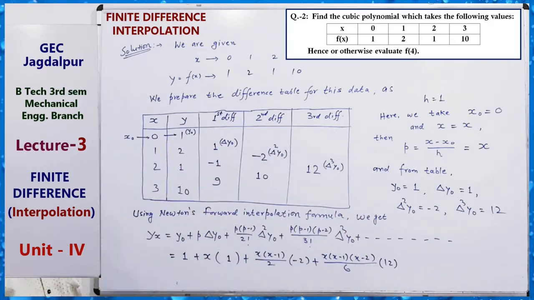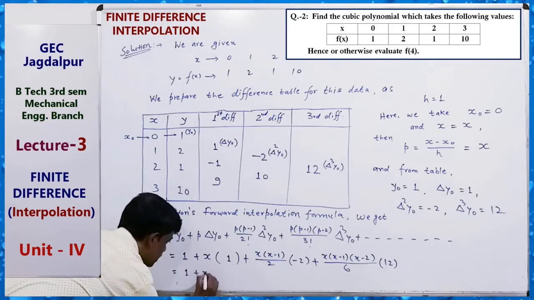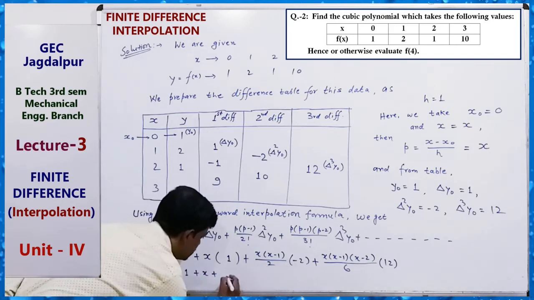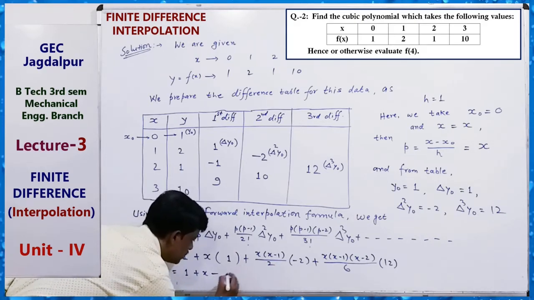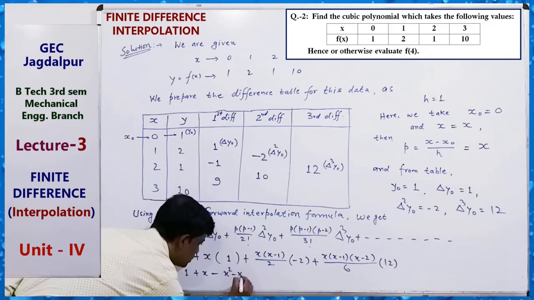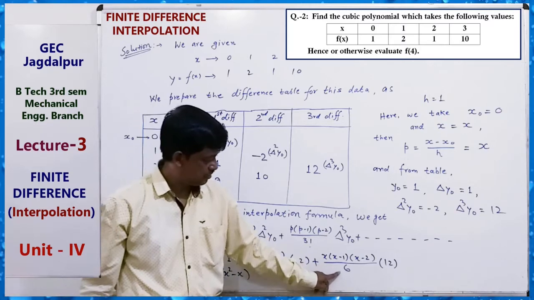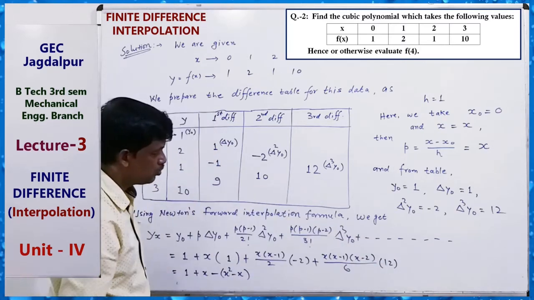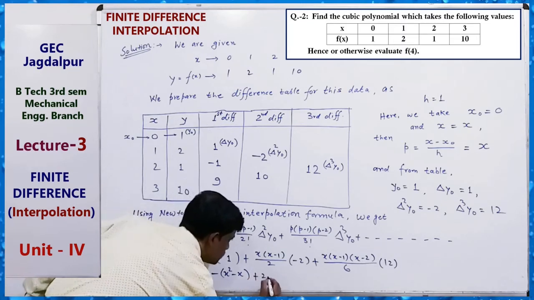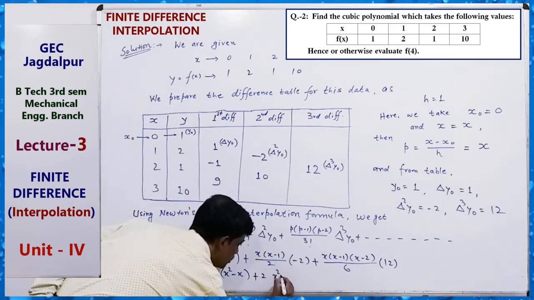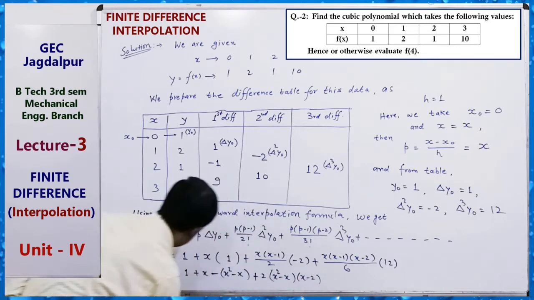Now just solve it. 1 plus x, plus the 2 cancels, minus x square minus x, and 6, 2 times x square minus x into x minus 2. Just calculate it.